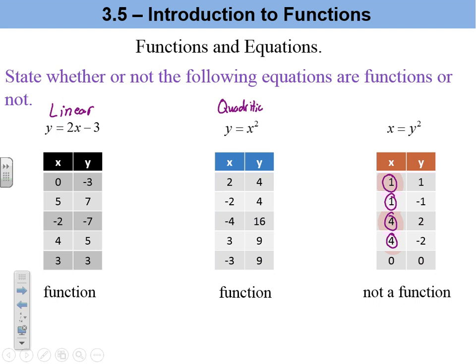But how can I tell just by looking at the equation itself? What tells me that this equation is not a function is that we're saying x is equal to something squared. That's the opposite of what we would see for the quadratic equation, where it says y is equal to something squared.